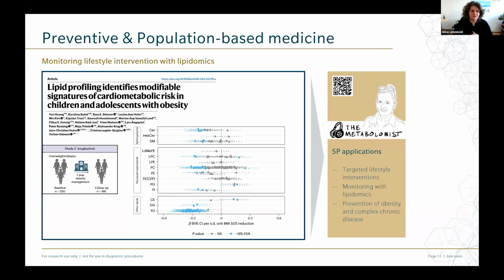And then after that, they measured again the lipidomic profile, and they could see that the levels of those complex lipids were changing drastically and getting closer to those of the children with normal weight, which is very encouraging for both, using omics in general, I would say, but especially these very sensitive, flexible, reversible omics that are metabolomics and lipidomics, to first get a picture of what the disease looks like and also be able to monitor whether that picture moves back to normal state.